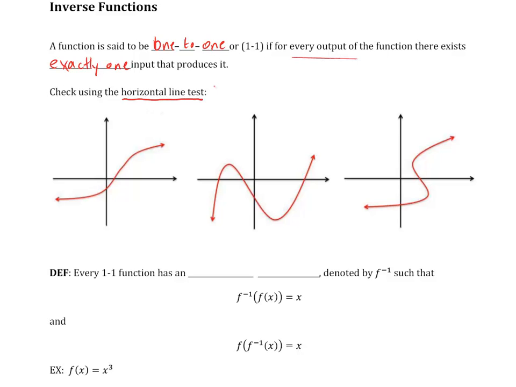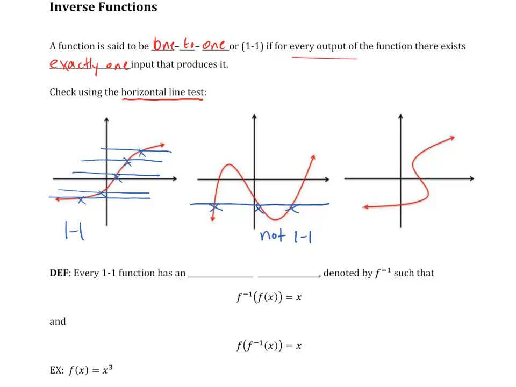What the horizontal line test says is that if I draw any horizontal line at all on a graph, and it intersects the graph at exactly one point for every horizontal line, then it's one-to-one. On the other hand, if there is ever any horizontal line that intersects at more than one place on the graph, then that function is not one-to-one.